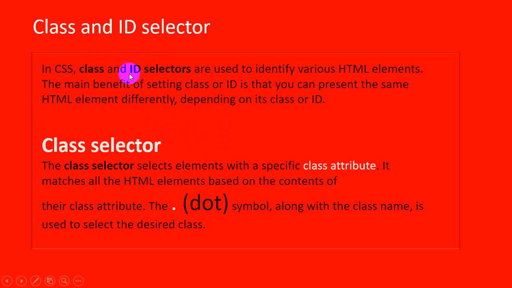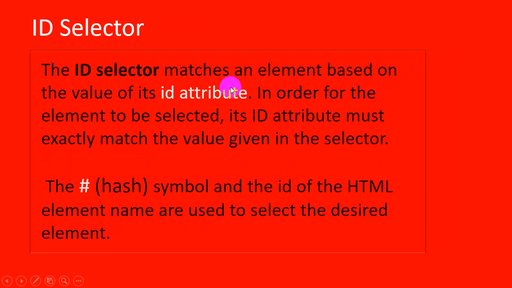In the same way, if you are going to use the ID attribute as a selector, in CSS you have to use the hash symbol. If you are using ID you have to use the hash symbol, and if you are using class you have to use the dot symbol.